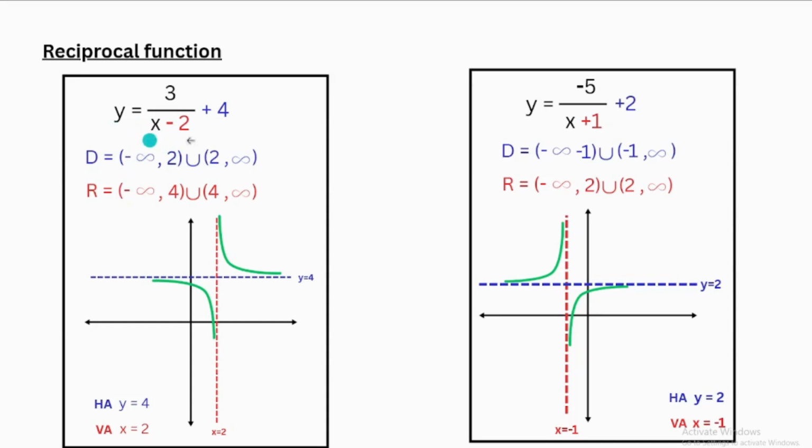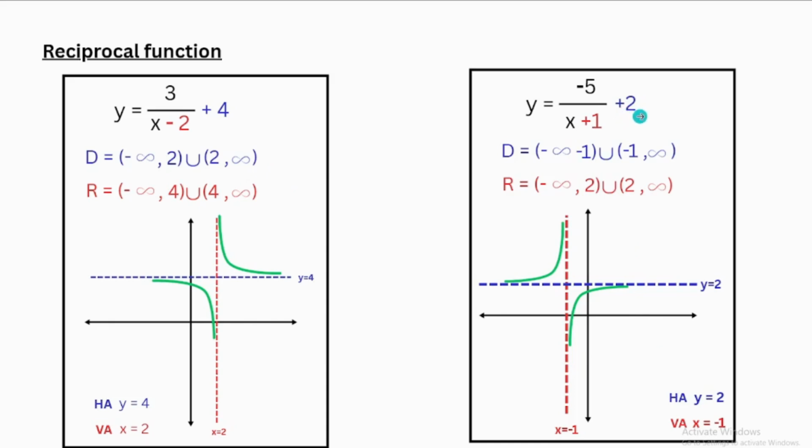The ordinary reciprocal functions are drawn in the first and third quadrants. When we put a negative in the numerator, that affects this graph, and it will be in the second and fourth quadrants. And we will make all the steps we did here.